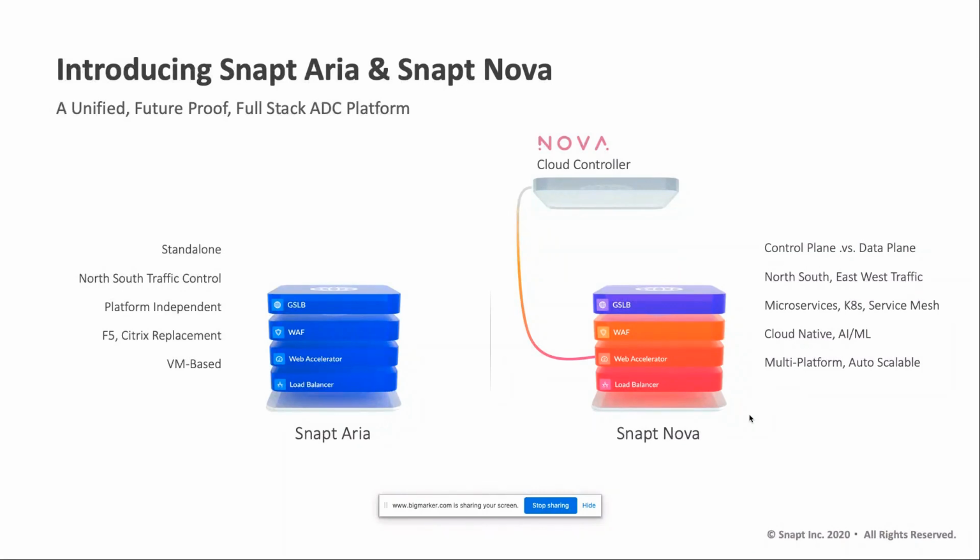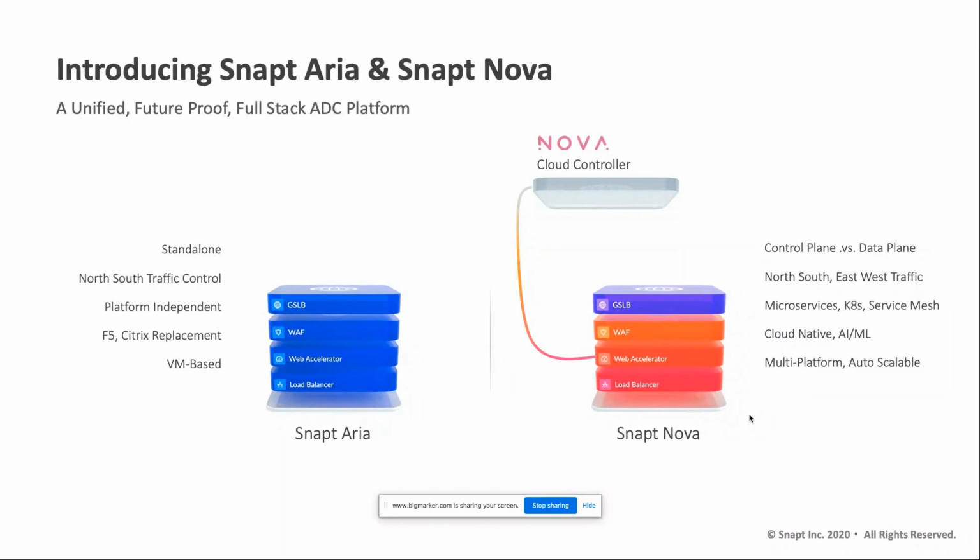So when you look at, for example, Snapt Aria on the left portion of this diagram. Snapt Aria is essentially geared towards addressing north-south traffic control, application delivery, load balancing, web application firewall, acceleration, and GSLB to the perimeter of our network, essentially providing access to data center resources, whether these are VMs, servers, or any type of application through an application delivery controller.